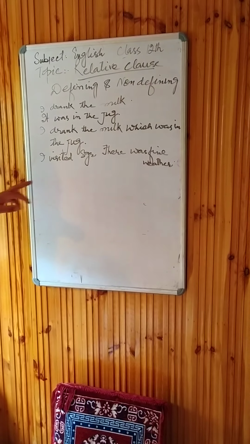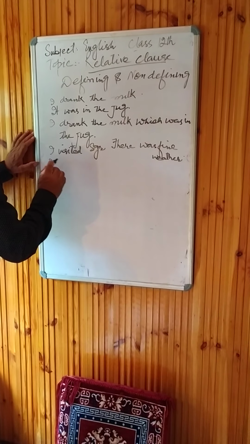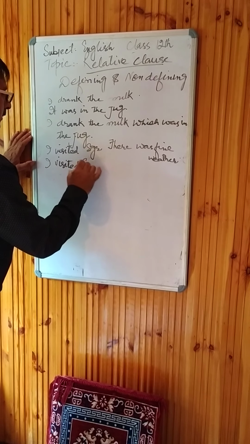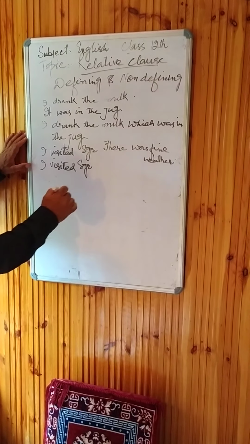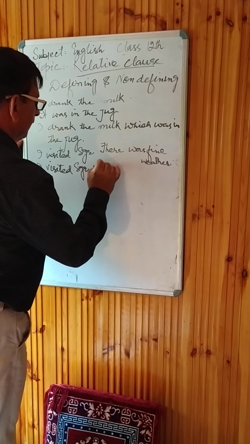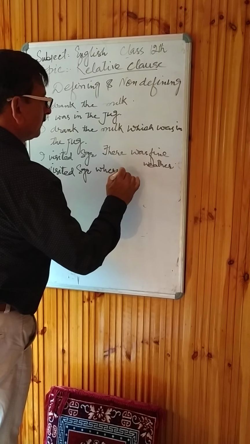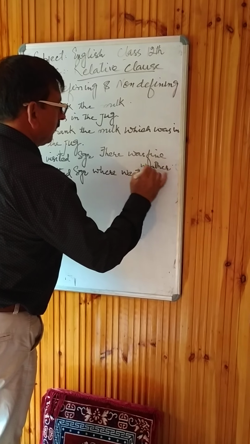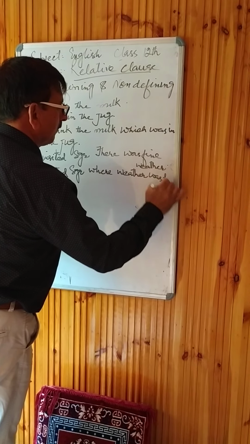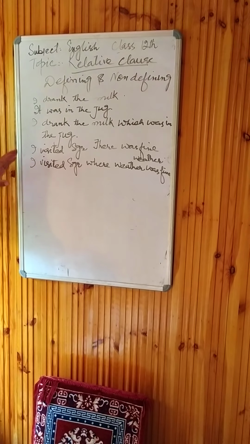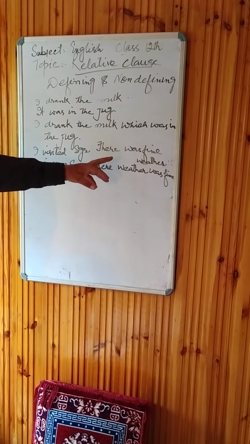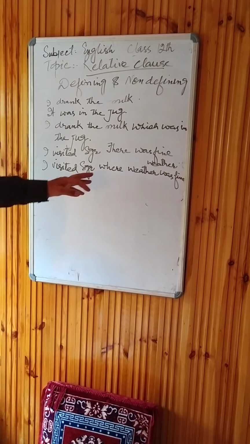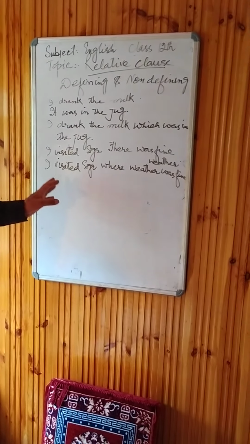It is about Srinagar. I will write it like this: I visited Srinagar, where the weather was fine. Where means the place. Here Srinagar is a place.